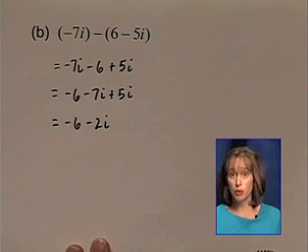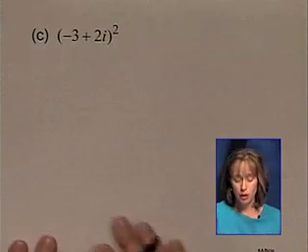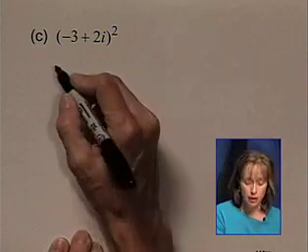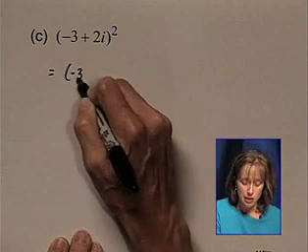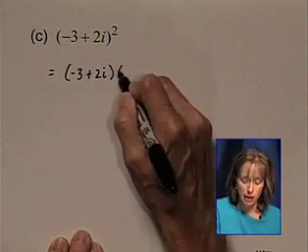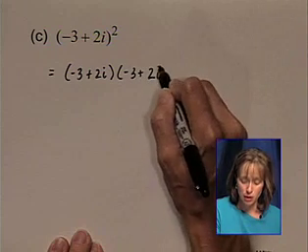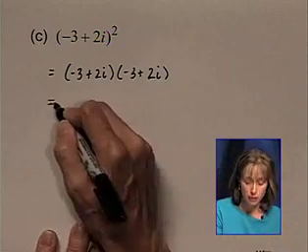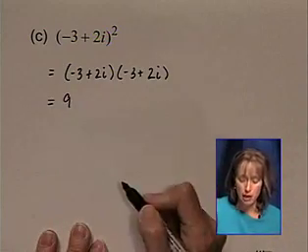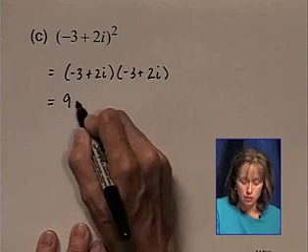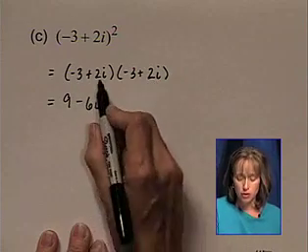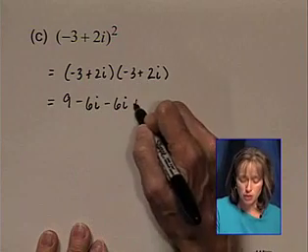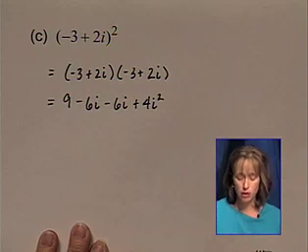Let's try another operation with complex numbers. Here we want to square the number -3 plus 2i. Treat this as -3 plus 2i times -3 plus 2i, and apply either the distributive property or the FOIL method. -3 times -3 is 9. -3 times 2i is -6i. 2i times -3 is -6i. 2i times 2i is 4i squared.